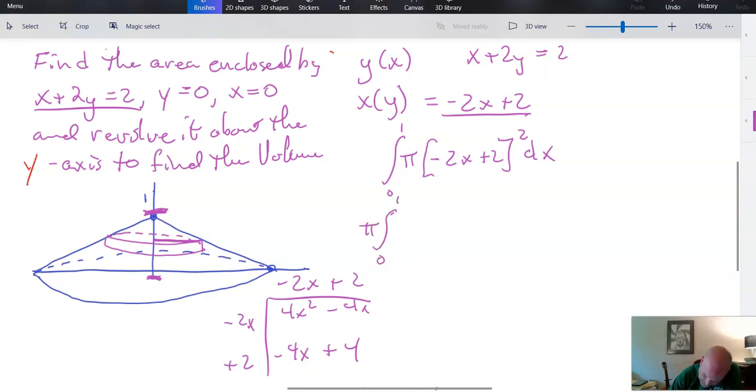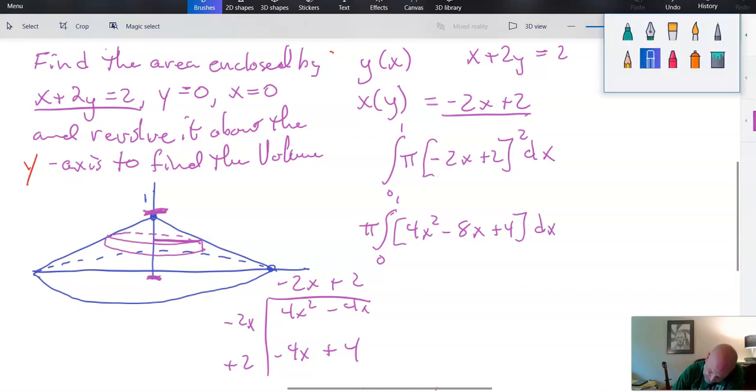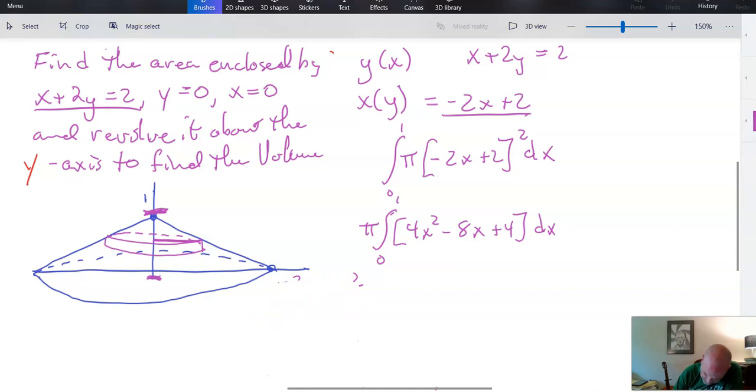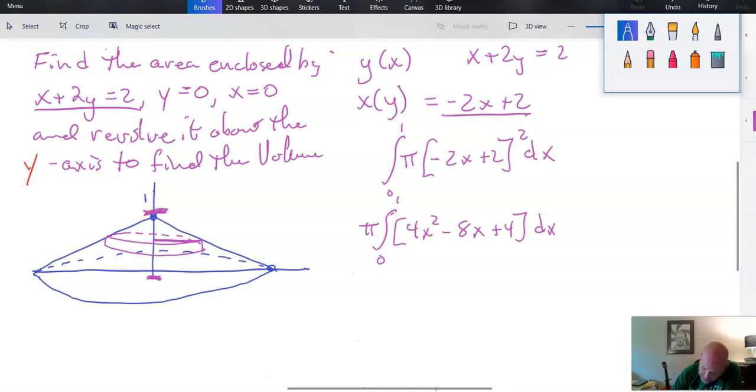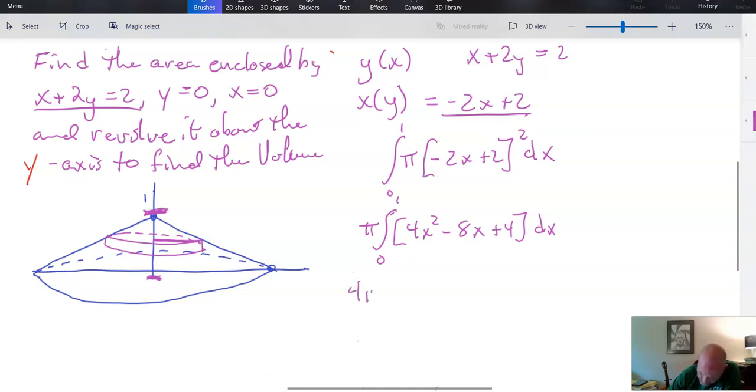I'm going to put the pi on the outside, and this is now 4x squared minus 8x plus 4 dx, right? Well, 4 is a common factor, so I can pull a 4 pi out. And that leaves me with the integral of x squared minus 2x plus 1 dx. So that's a little bit nicer.